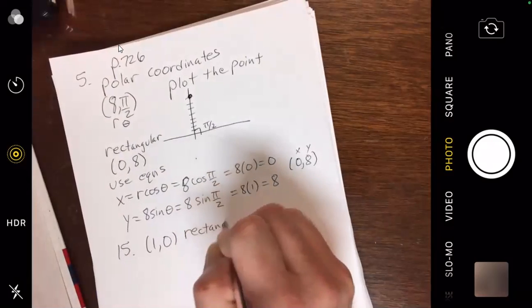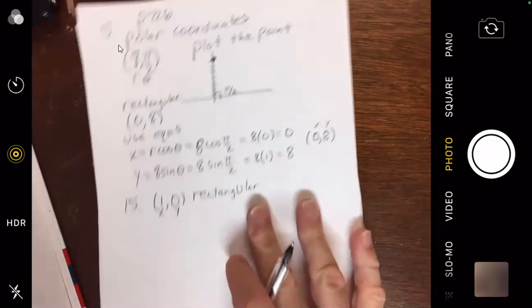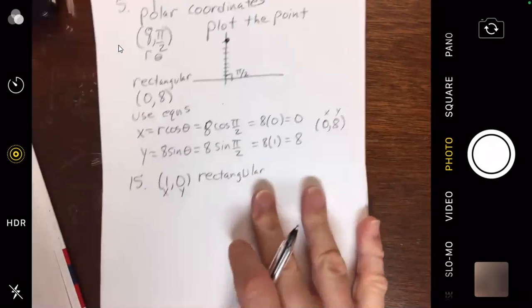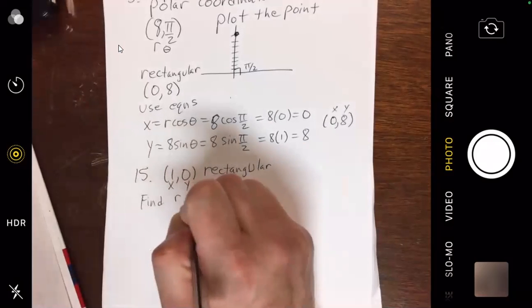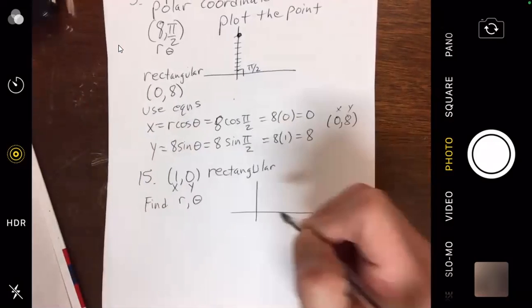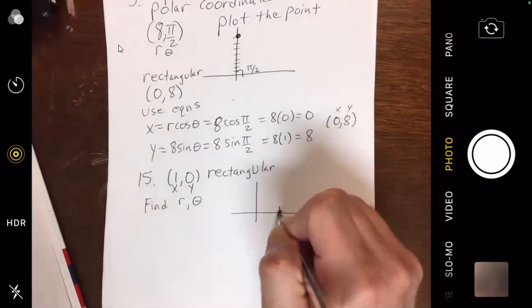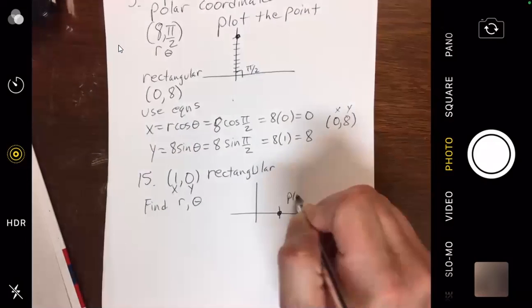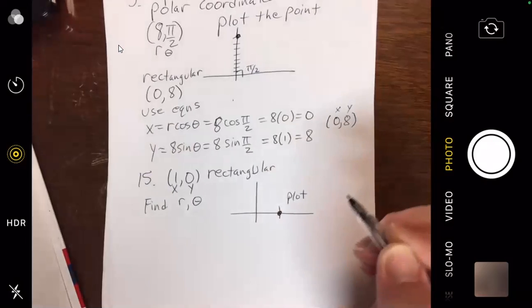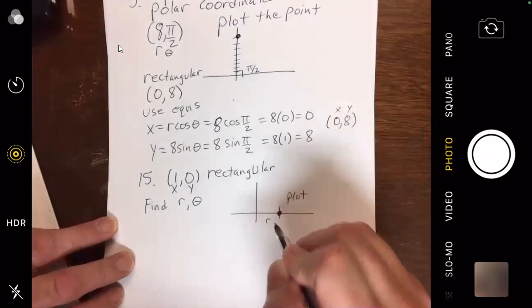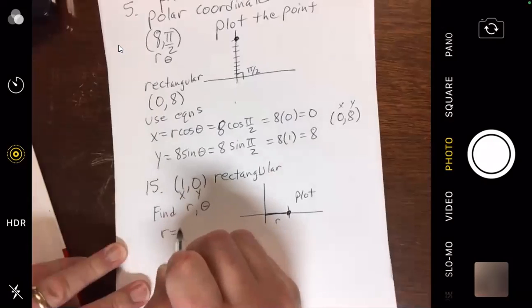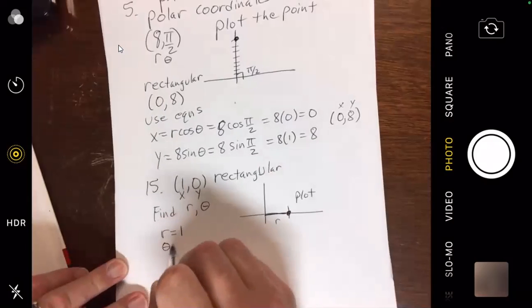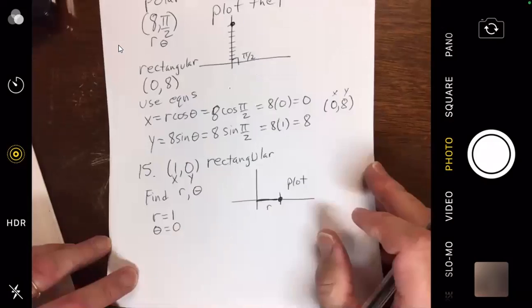That makes this an X and this a Y. And again, you can probably do this in your head. You're over 1, up 0. That's the plot. Well, your R would equal 1 and your theta would equal 0. You can see that.